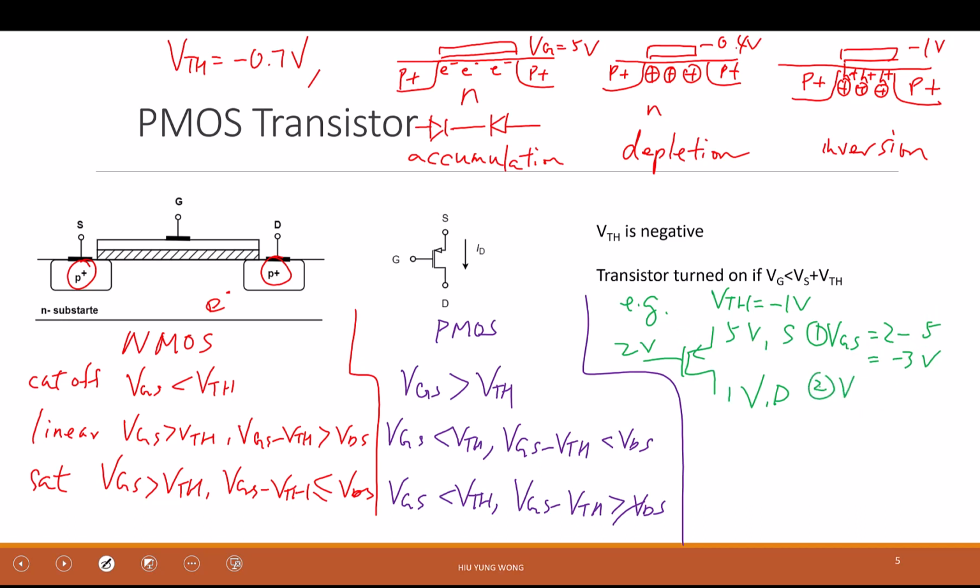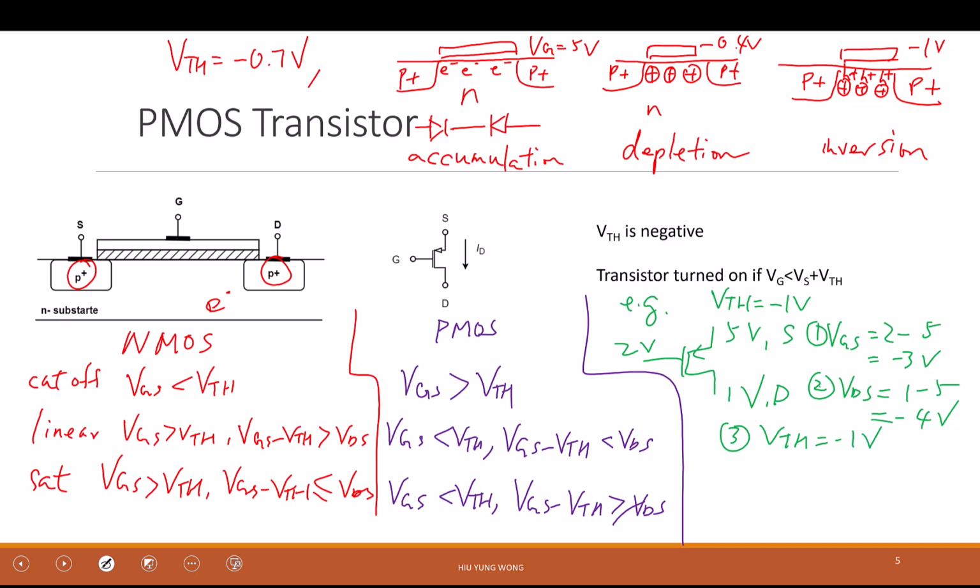Second, what is VDS? 1 minus 5 equals -4, right? And just to be sure, VTH equals -1, right? Because we want to compare.